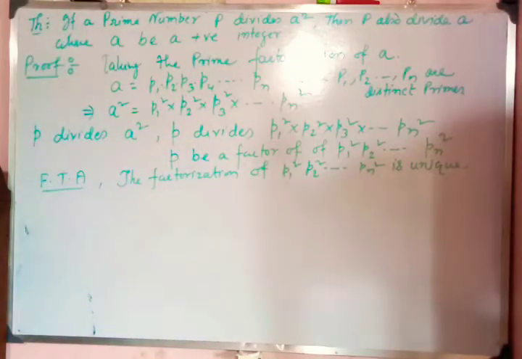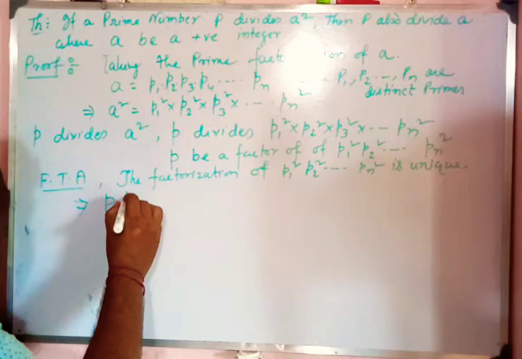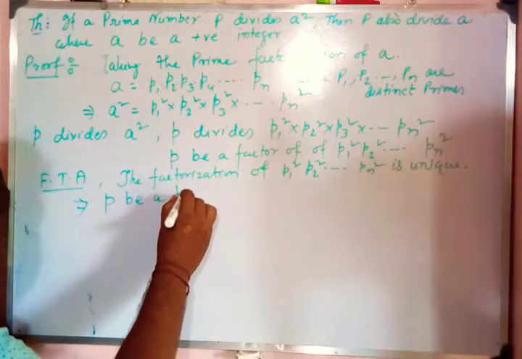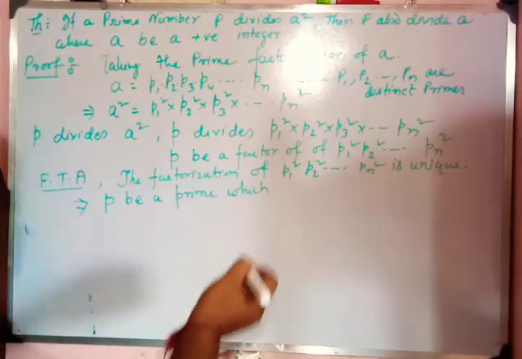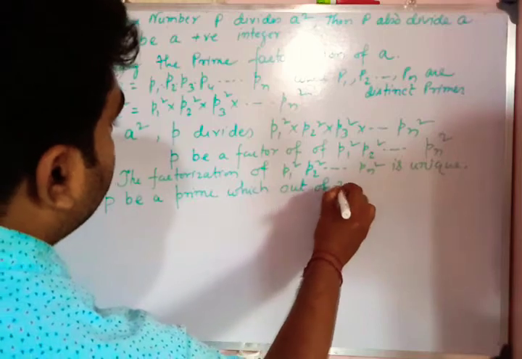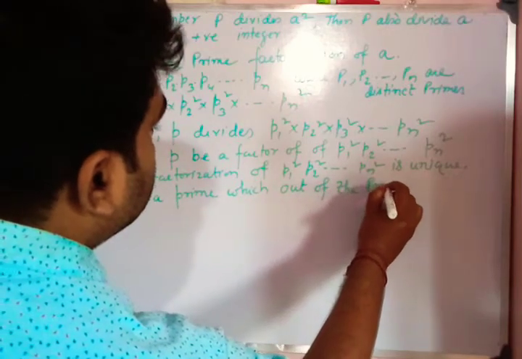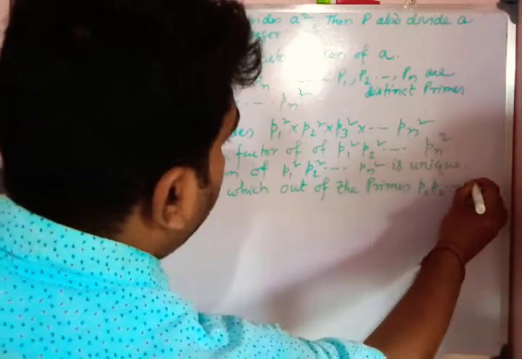The factorization of this is unique by the fundamental theorem of arithmetic. So p is a prime which is one of the primes p1, p2, dot dot dot pn.